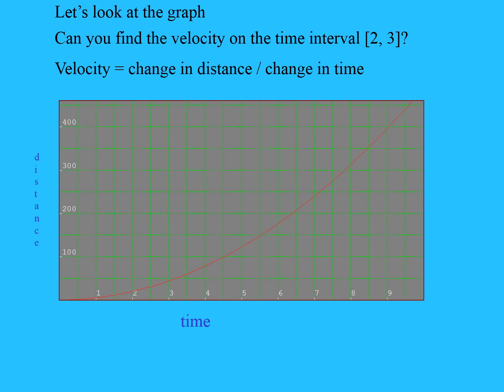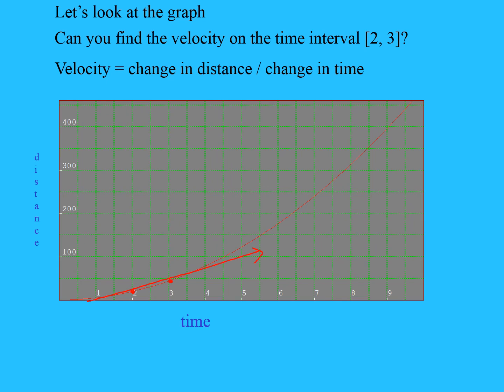So how would we find the velocity on the interval 2 to 3? Well, just as we did in the previous section, we're going to be looking at the slope of a secant line through the points at 2 and 3. So what we're actually looking at is finding the slope of the secant line between these 2 points.